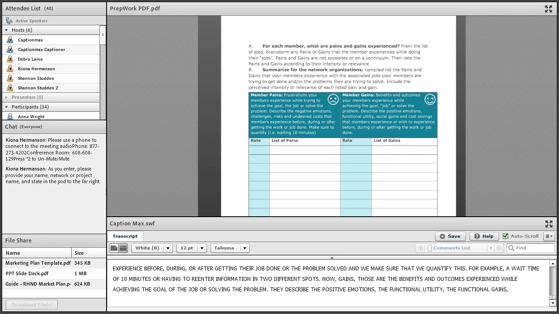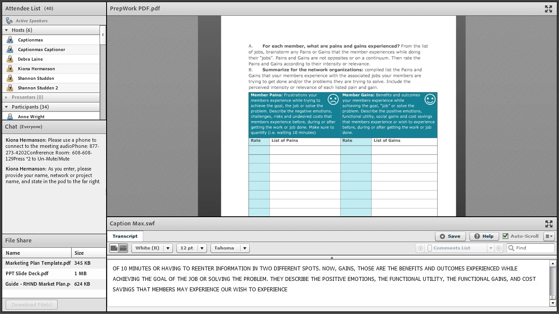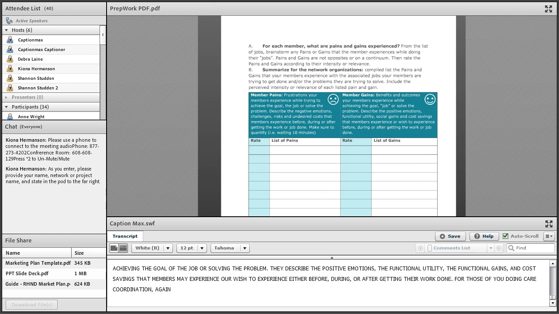Now gains, those are the benefits and outcomes experienced while achieving the goal or the job or solving the problem. They describe the positive emotions, the functional utility, the social gains, and cost savings that members may experience or wish to experience either before, during, or after getting their work done.